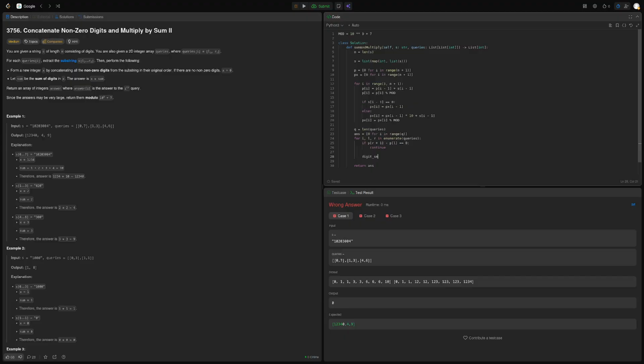Digit sum is just the difference of prefixes. Now, this can be 0, and this could be 10 to 9 plus 6. So if I subtract it, then I have to add 1.